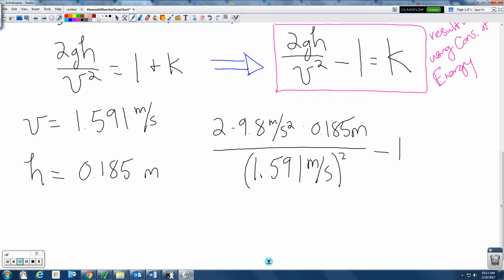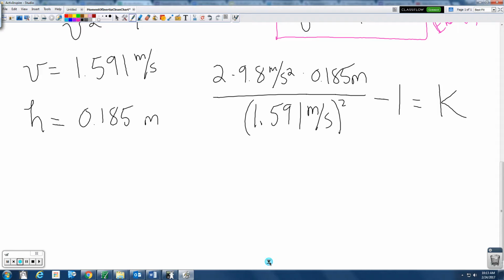So all of my units will cancel out. So let's get a number. Subtract 1 from that number, because I'm looking back at my equation in the fuchsia box. That should equal k. So k has no units. It's just a number, 2/5, 3/5. Okay, some constant of proportionality.